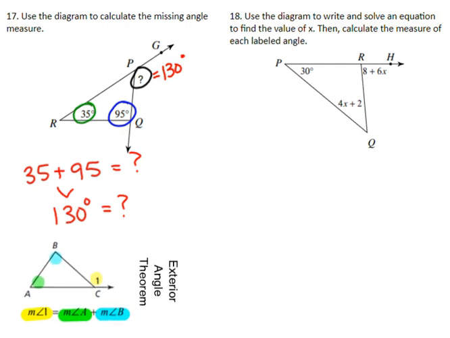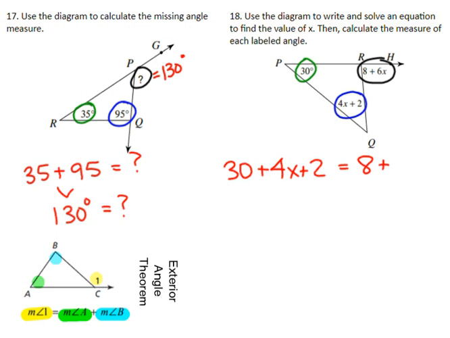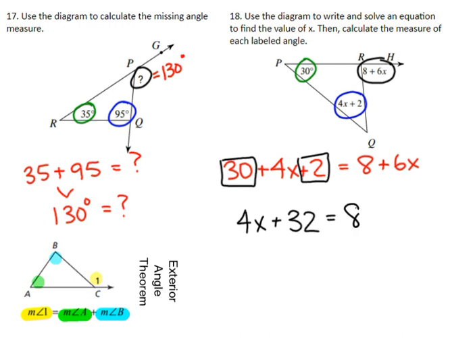Okay, move this over here. I'm going to do the exact same thing for number 18. So I'm going to say 30 plus 4x plus 2 is equal to 8 plus 6x. So that would look like this. 30 plus 4x plus 2 equals 8 plus 6x. All right, if I combine like terms, 30 plus 2 is 32. So 4x plus 32 equals 8 plus 6x.